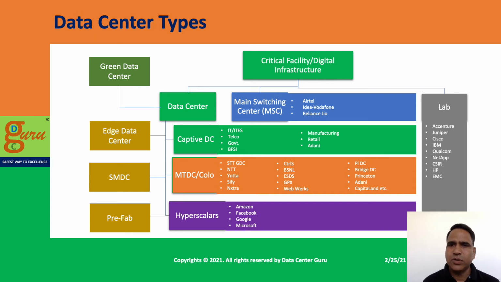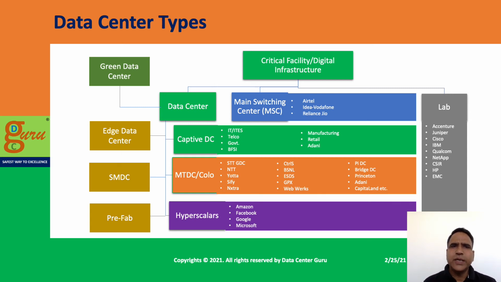They have dedicated labs where they do a lot of research around a specific product or its development, and it is a critical facility. Similarly, CSIR has high performance computing and does a lot of research around that. So this is one application of the critical facility, which is a kind of data center, and we call it a critical facility also.